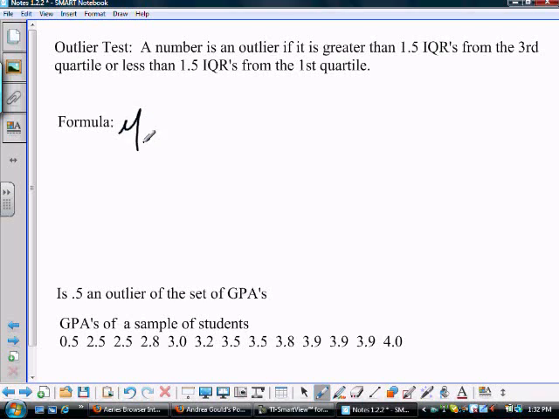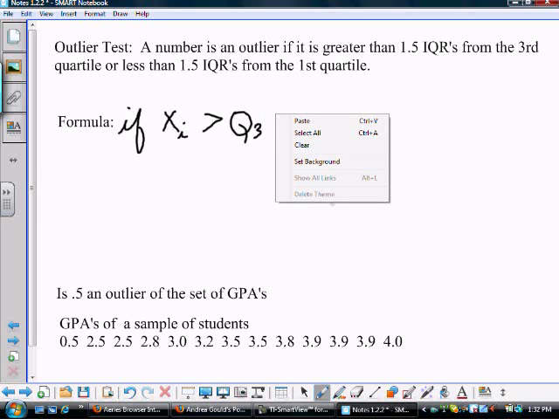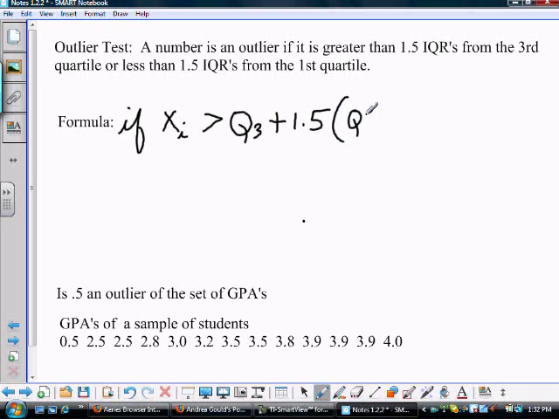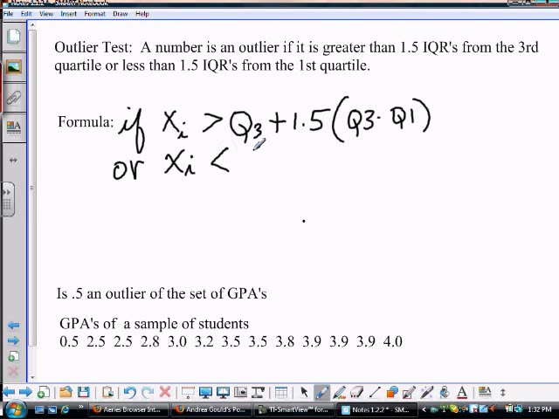If I have a value that is greater than the third quartile plus 1.5 times the IQR, which is Q3 minus Q1, or if it is less than the first quartile minus 1.5 times the IQR, Q3 minus Q1, if I have a value that meets either one of those, then it's an outlier.